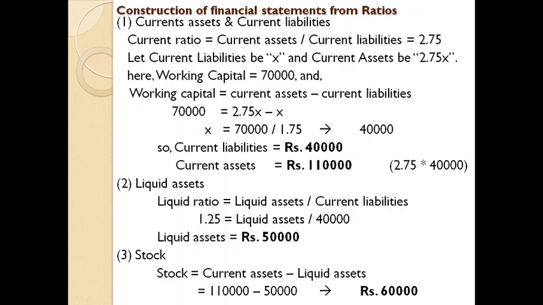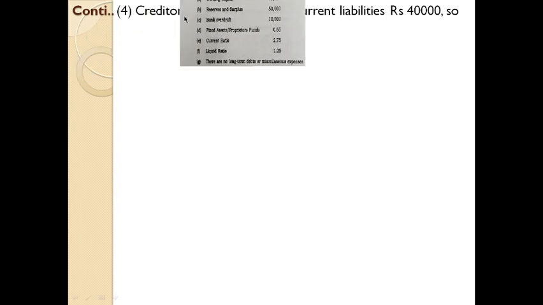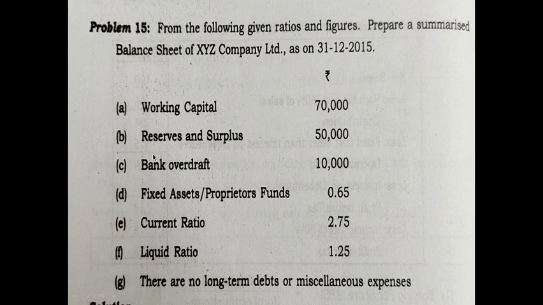Next, let's try with current liability. We already found current liability 40,000. And in the question, there is no information regarding creditors. But if we check the question, you will get one current liability item, that is bank overdraft rupees 10,000. So you already found current liabilities rupees 40,000 and we have bank overdraft 10,000.